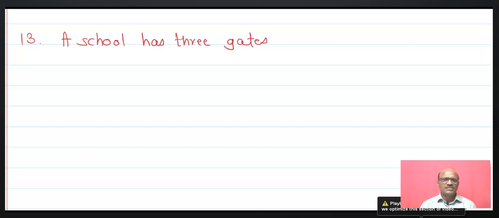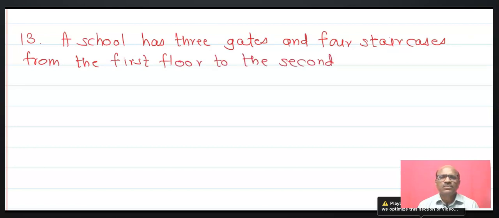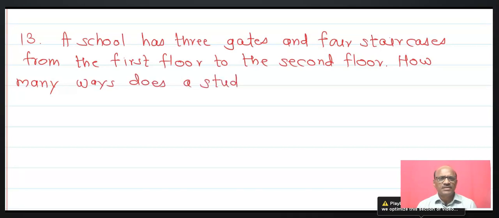A school has 3 gates and 4 staircases from the first floor to the second floor.